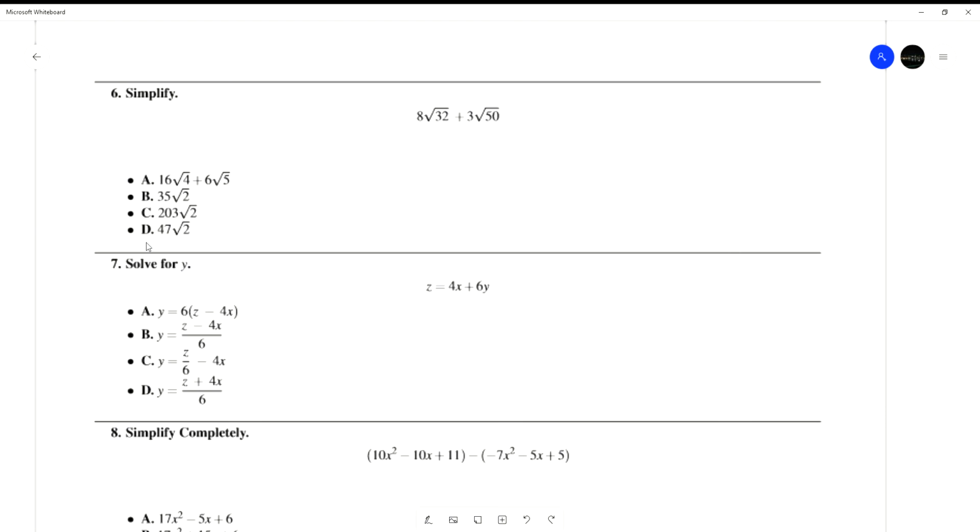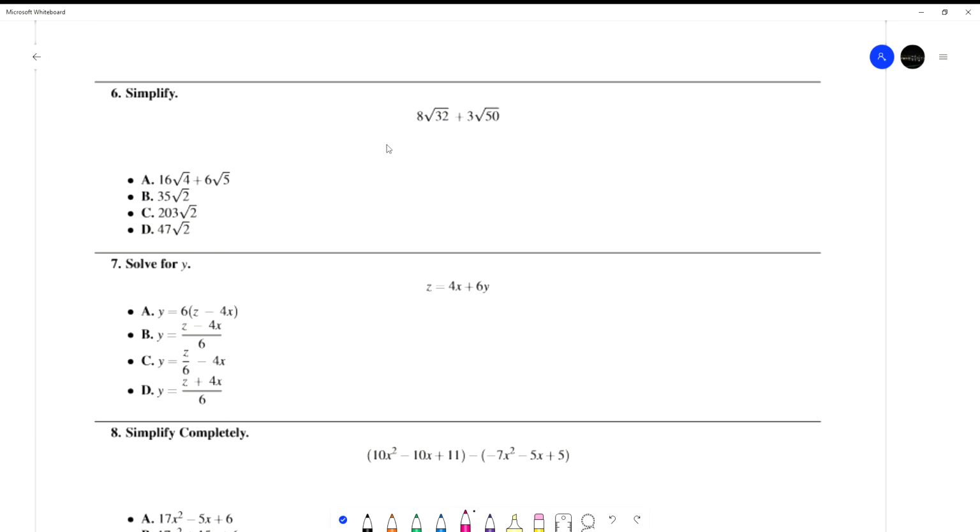All right, we have to simplify this radical expression here. Now, you could just type these into the calculator, right? But since I'm doing a video, I'll just do it by hand. So radical 32 needs to be simplified.